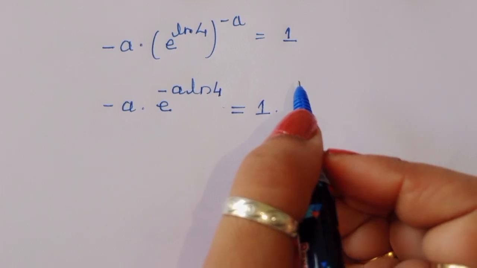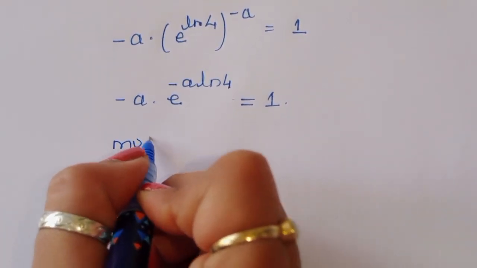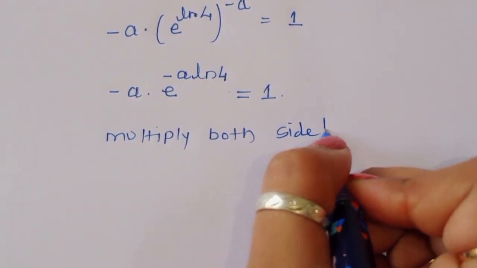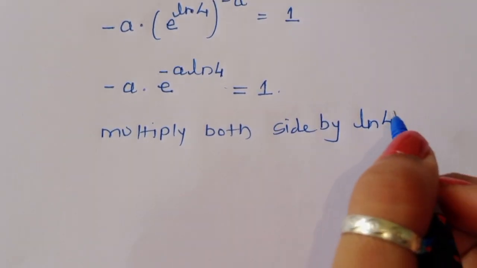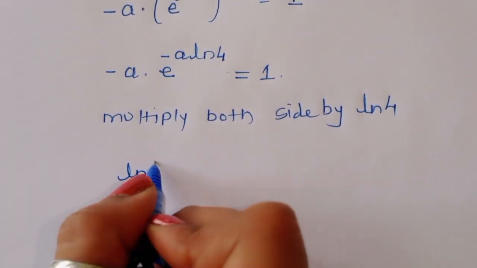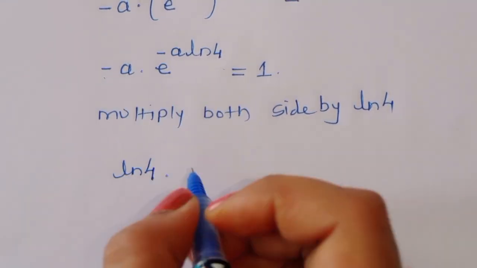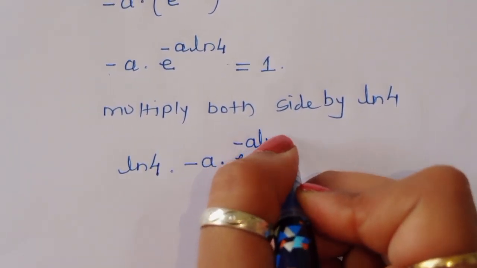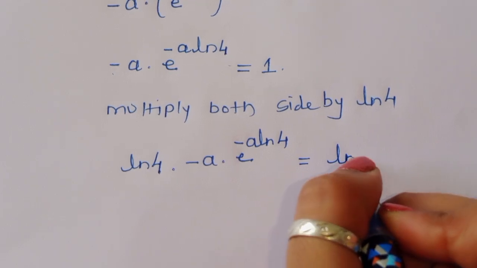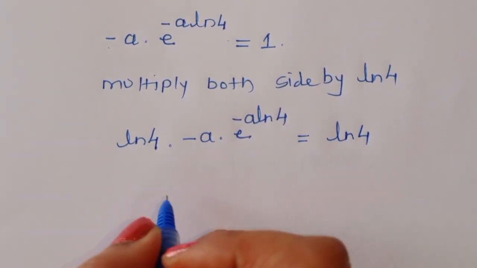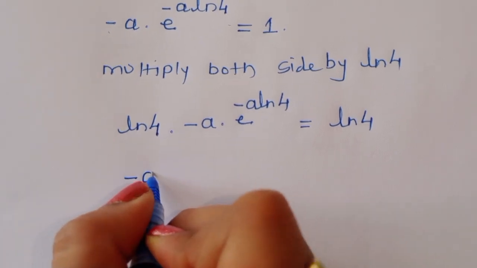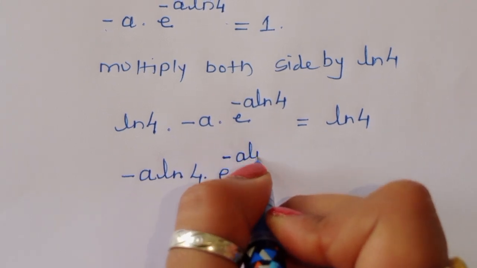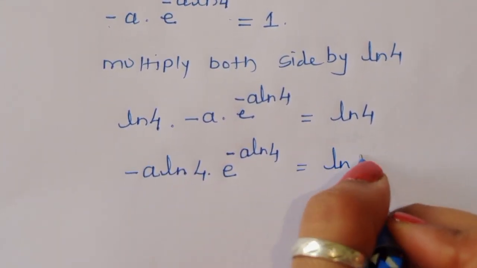Now multiply both sides by ln 4. Then we get ln 4 times minus a times e to the power minus a ln 4 is equal to ln 4.